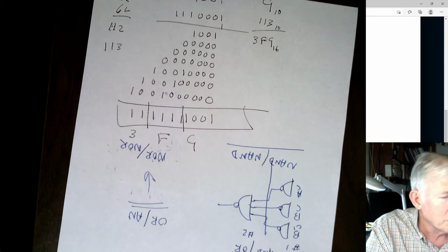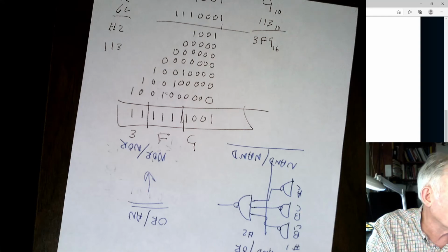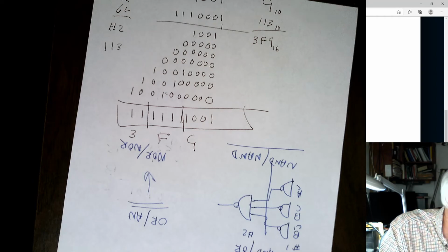Okay, so when you have a power of 2 that you're dividing by, you can do it by shifting. So all we have to do is shift 3 times, and we will have divided it by, in this case, 8.